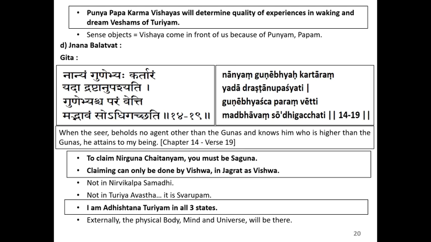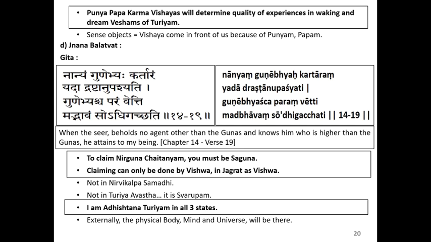What does it say here? It says that when the jiva, the seer, the pure consciousness, holds no other agent except the gunas. Gunas means what? Prakriti or the Panchabhutas. You see, it is the guna of the body to act in a certain way in front of the objects.